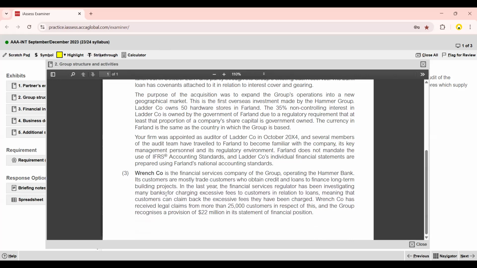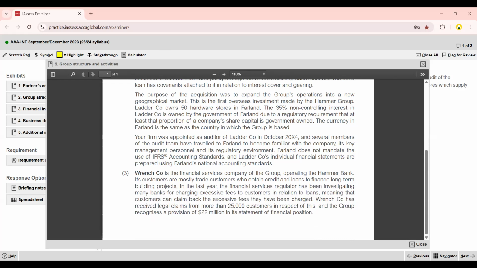Branch Company is the financial services company of the group operating the Amar Bank. Its customers are mostly trade customers who obtain credit and loans to finance long-term building projects. In the last year, the financial services regulator has been investigating many banks for charging excessive fees to customers in relation to loans, meaning that customers can claim back the excessive fees they have been charged.